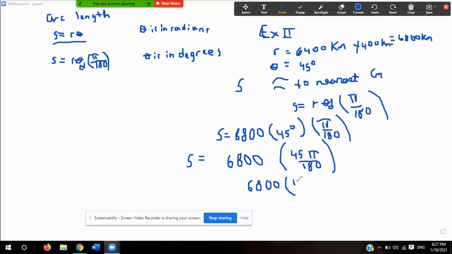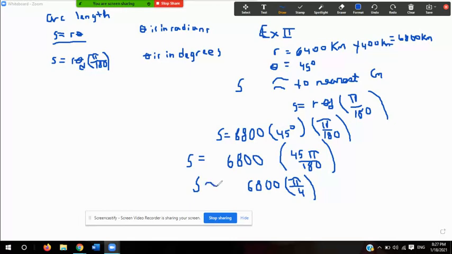And then we look for our calculator and we multiply 6,800 times pi and divide that answer by 4. And then we're going to round because it says approximate or round to the nearest kilometer.